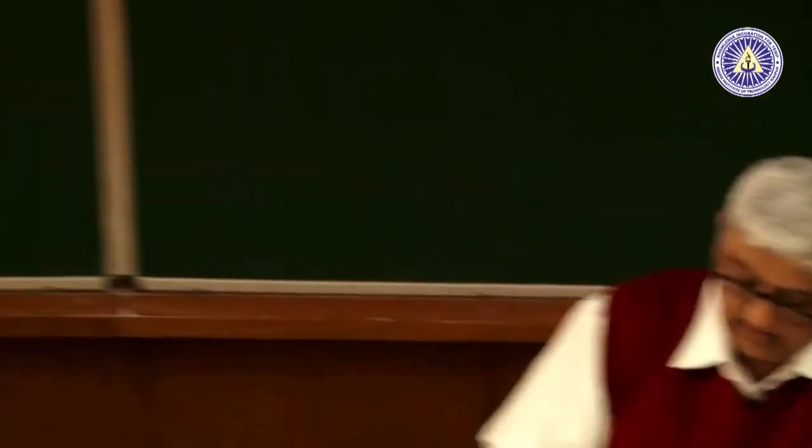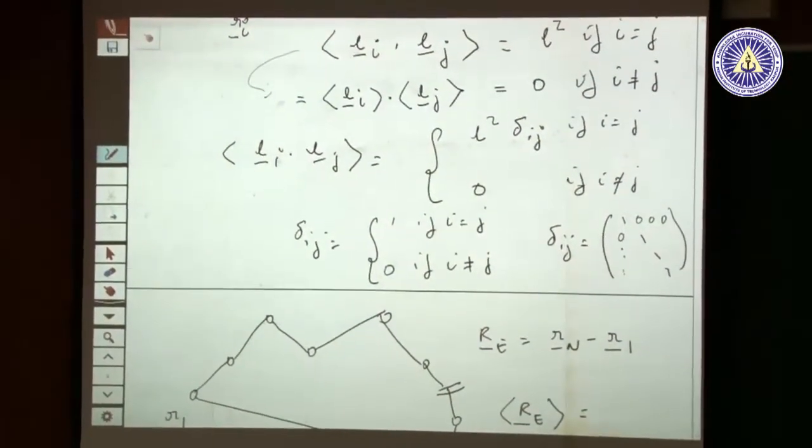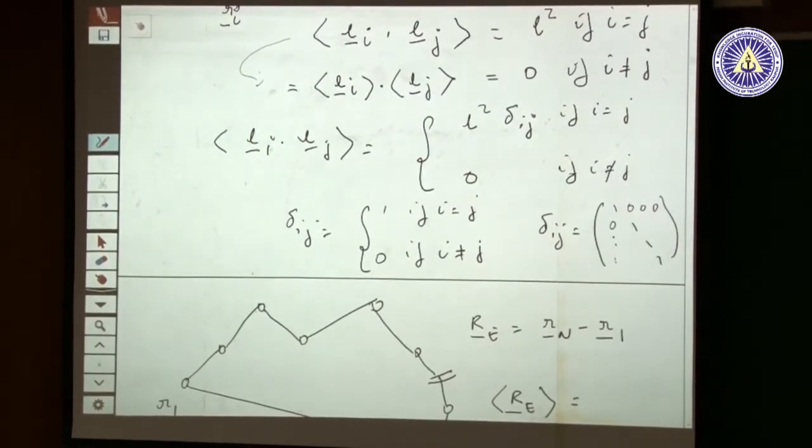From this, let us look at this first. Yeah, and I am assuming you know some probability theory. So, if you take the average value of these two quantities, if they are not correlated with each other, i and j, they are completely decoupled, then you can write it as a product of the averages.